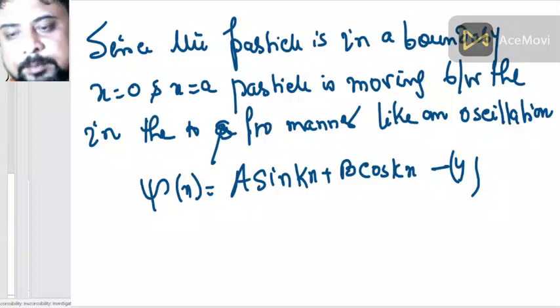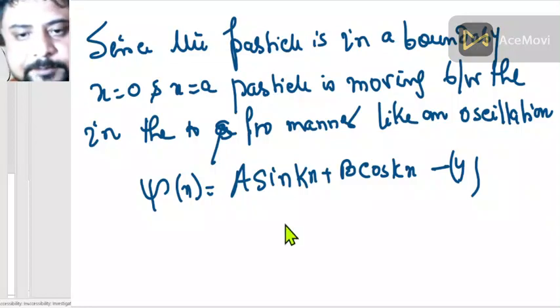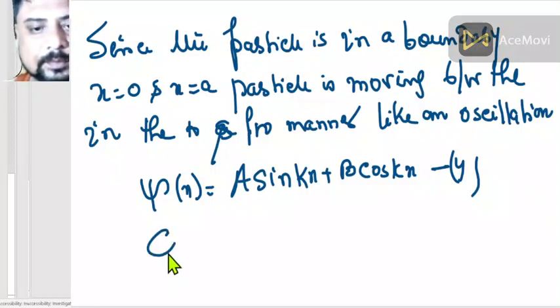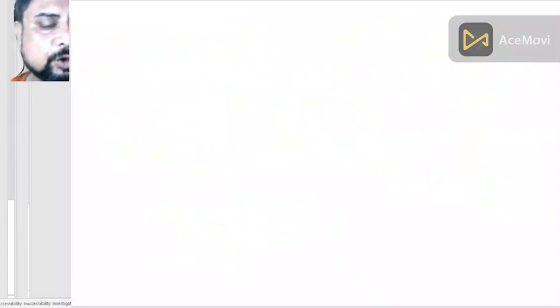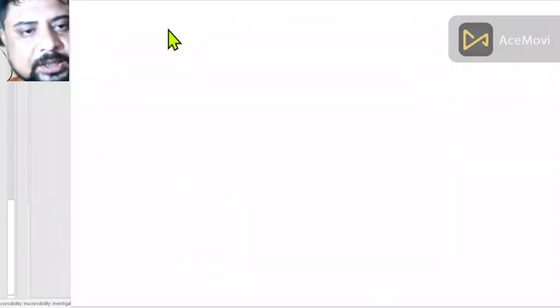So we can take the solutions in the form of periodic functions, a sin kx and b cos kx. This is perhaps equation number 4. This is also the solution if you consider it from the mathematical point of view, the solution of a differential equation. So this is simply a simple harmonic oscillator in the classical sense.